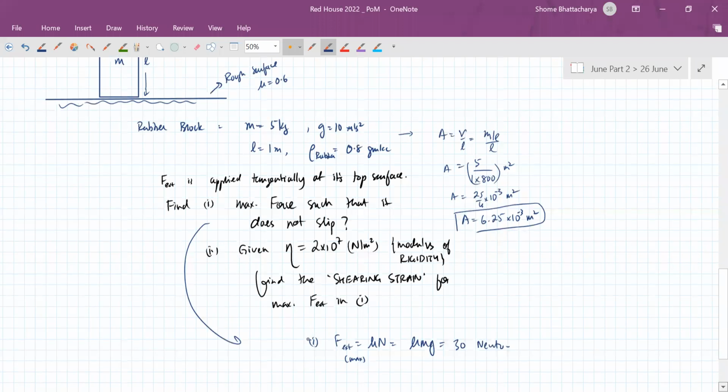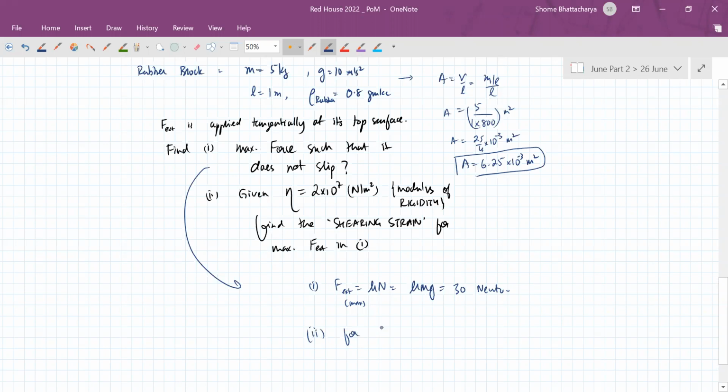So now for this external force being equal to 30 newtons, the shearing stress is tangential force divided by area of cross section. What will happen is when we apply this force, this would have got bent through an angle theta because of this external force and friction in reaction acting like this.